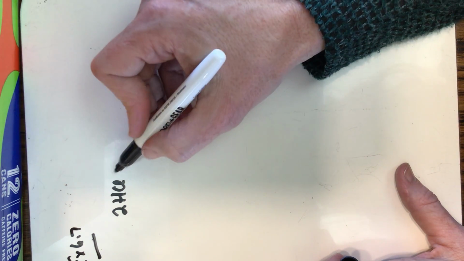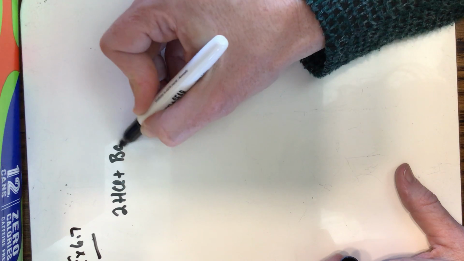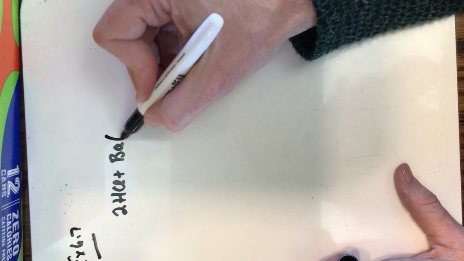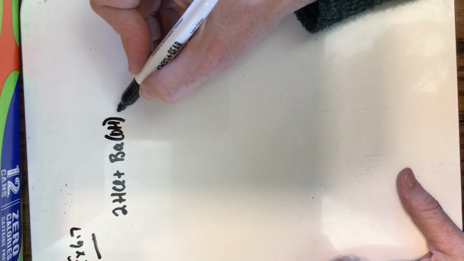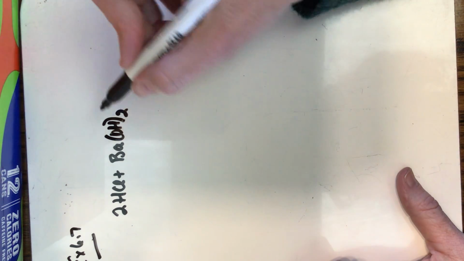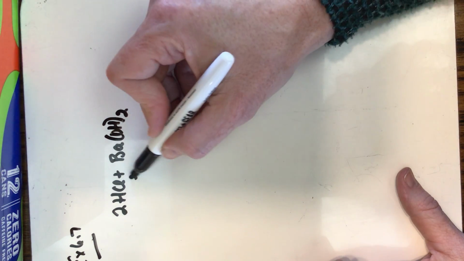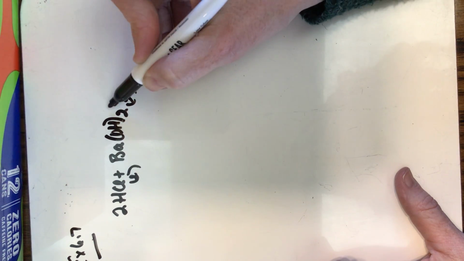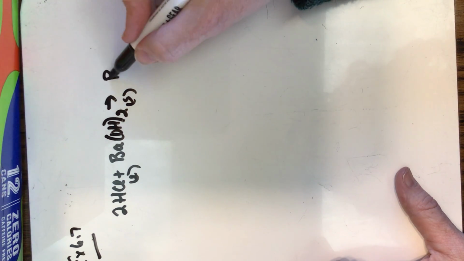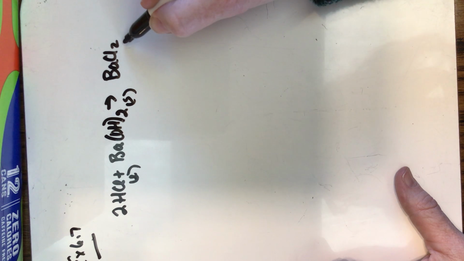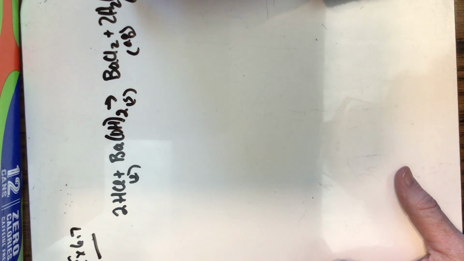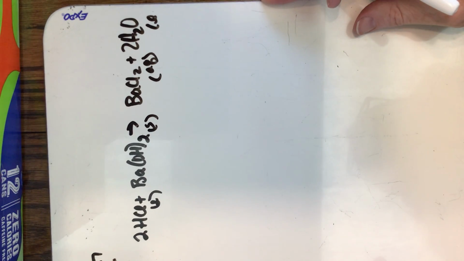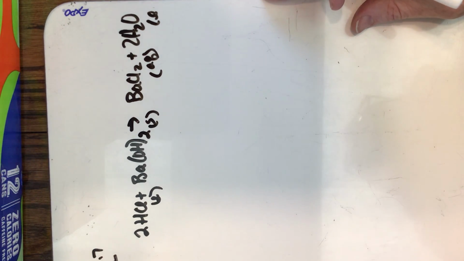And they can be cleaned up sometimes by, if it's an acid, it can be cleaned up by some kind of base. So our base here is barium hydroxide, and this is a liquid and a solid. And barium chloride is aqueous, and 2 waters, which are liquid. Okay, so there's my full chemical equation.